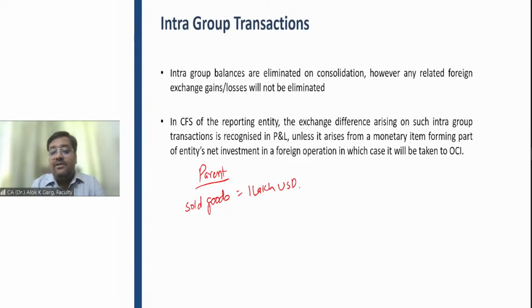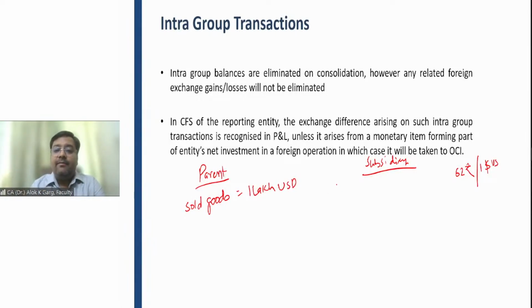And at the time these goods were sold to the subsidiary, on the date of transaction, the initial spot rate was 60 rupees is equal to 1 US dollar, right?